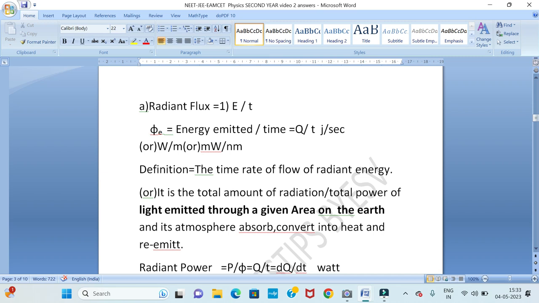Definition: the time rate of flow of radiant energy.